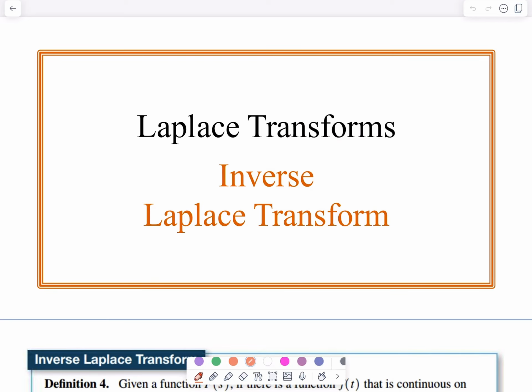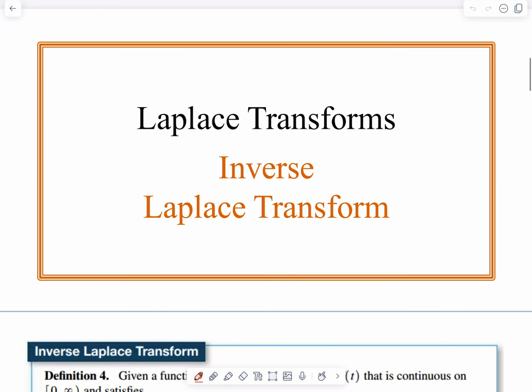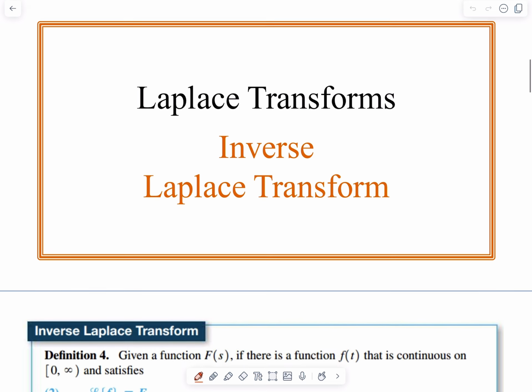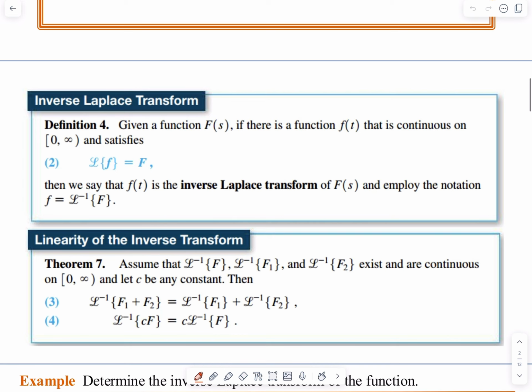This is Laplace transforms, and in this video we will be talking about the inverse Laplace transform. When we first defined a Laplace transform, we had a function f of t, and we mapped that into a function capital F of s, which was our Laplace transform.